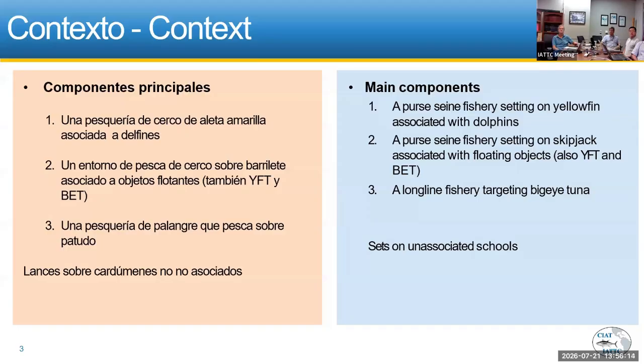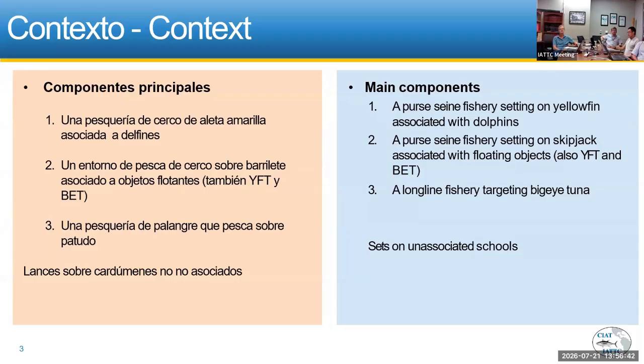One way of thinking about the tropical tuna purse seine fishery in the Eastern Pacific Ocean is to put it in three main fisheries. The first fishery is the purse seine fishery setting on yellowfin associated with dolphins, which essentially catches mostly yellowfin tuna.